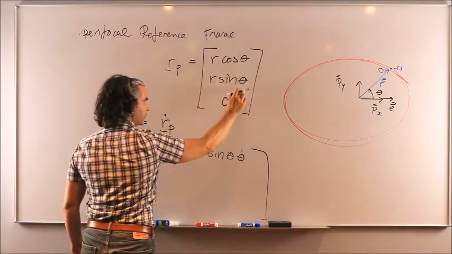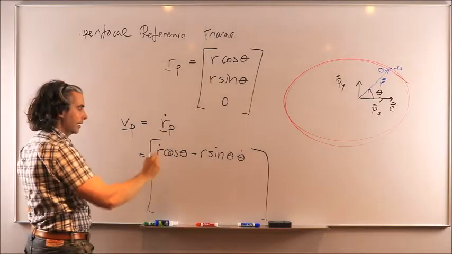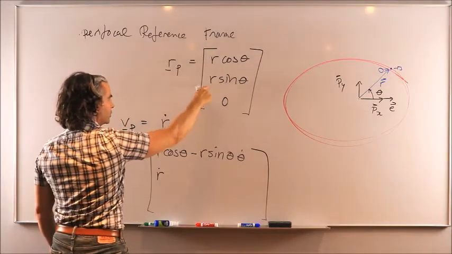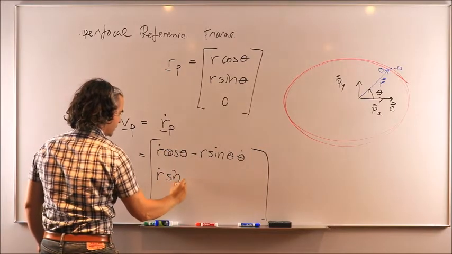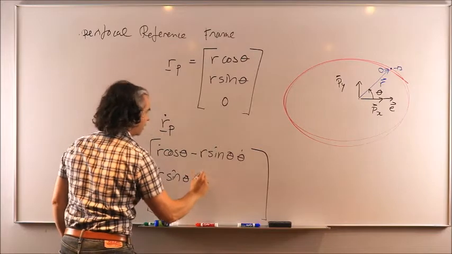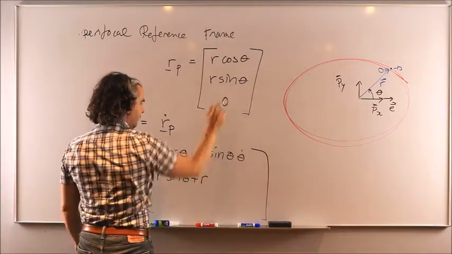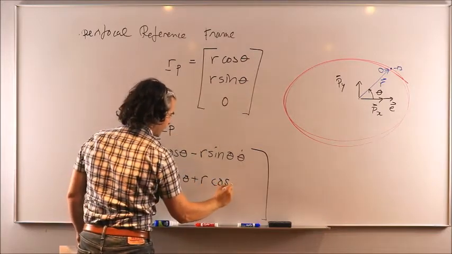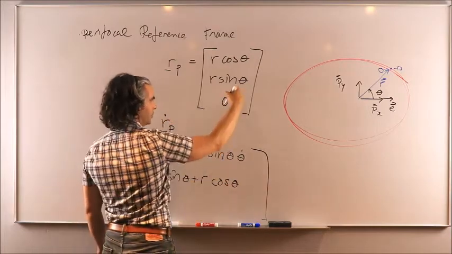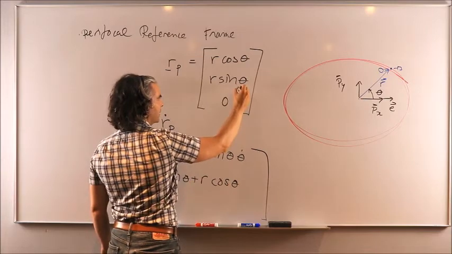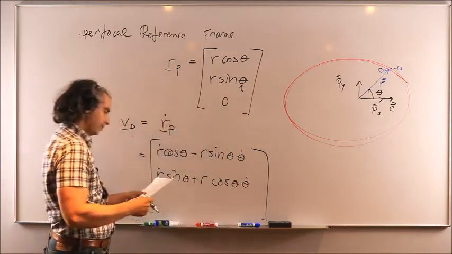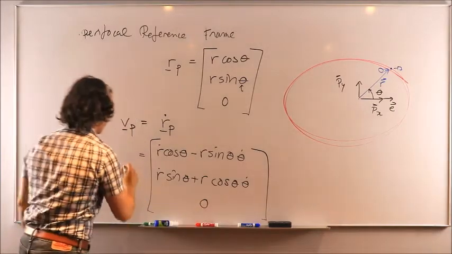And chain rule applied to r sine theta will give me the derivative of the first term, which is r dot, times the second one as it is, plus the first term, r, times the time derivative of sine theta, which is cos theta. And because this is a trig function, you also need to do the time derivative of what you had inside the trig, which is theta, which then becomes theta dot. And 0 stays 0.